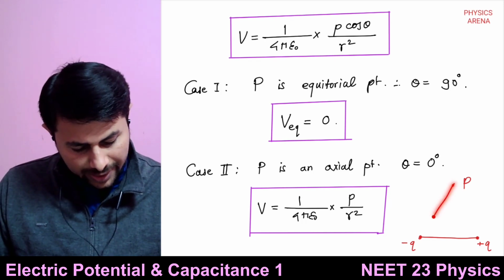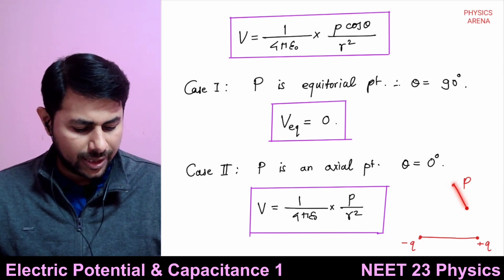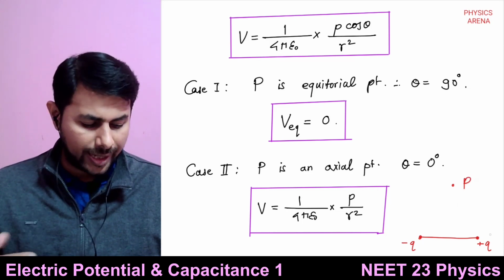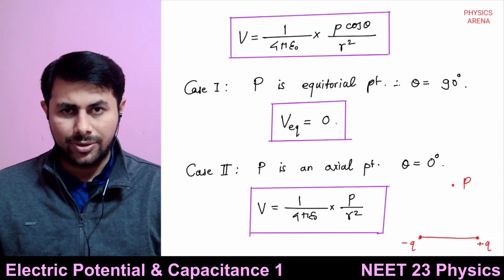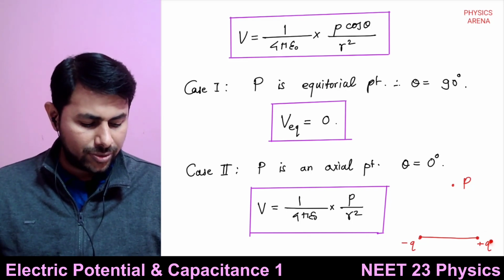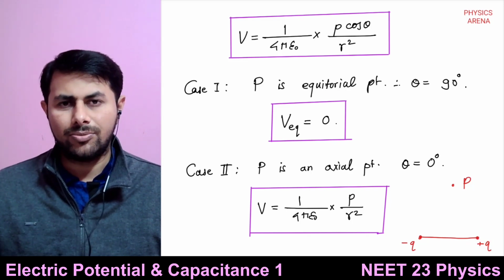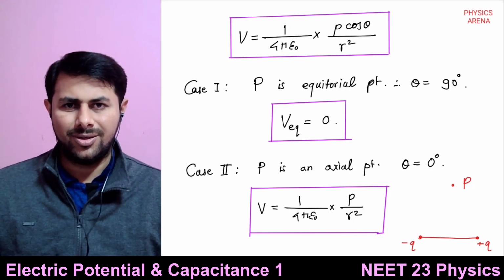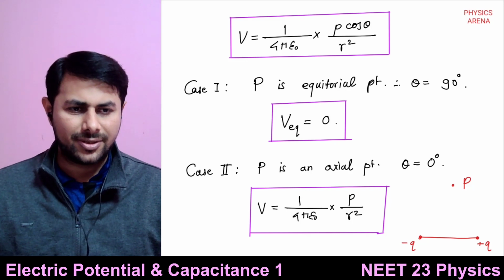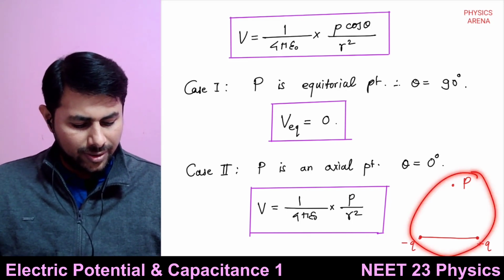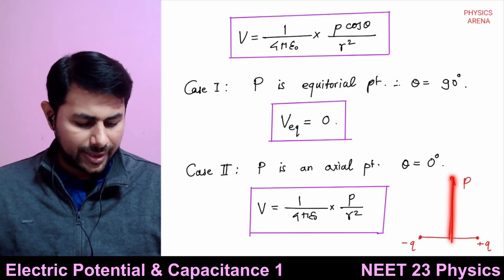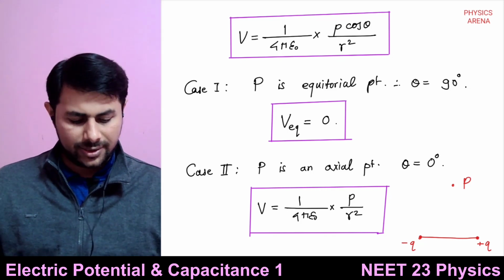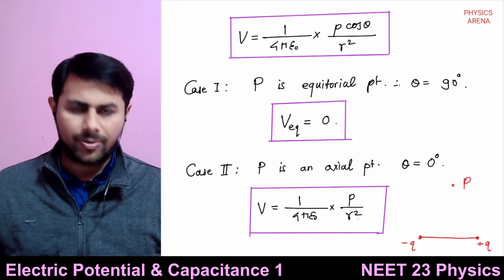So point P is at the same distance from minus Q and plus Q. So the potential at point P due to minus Q and plus Q will be the same in magnitude, but the potential due to plus Q is positive and due to minus Q is negative, and that's why the sum of the potentials is 0. It is just a scalar sum, scalar addition. So the potential at the equator of the electric dipole is 0. On the axis, it is 1 upon 4 pi epsilon naught P upon r square.